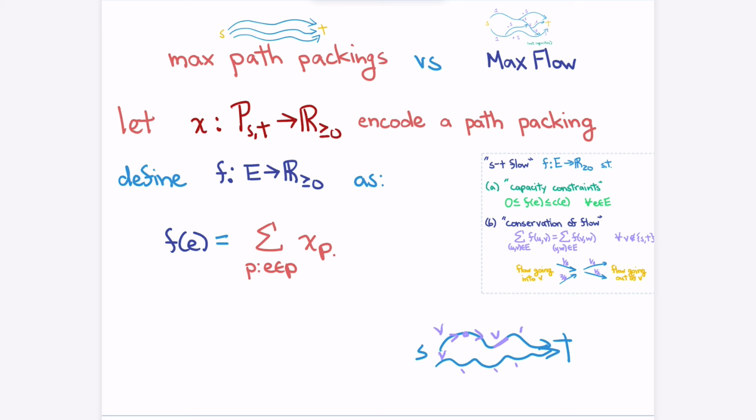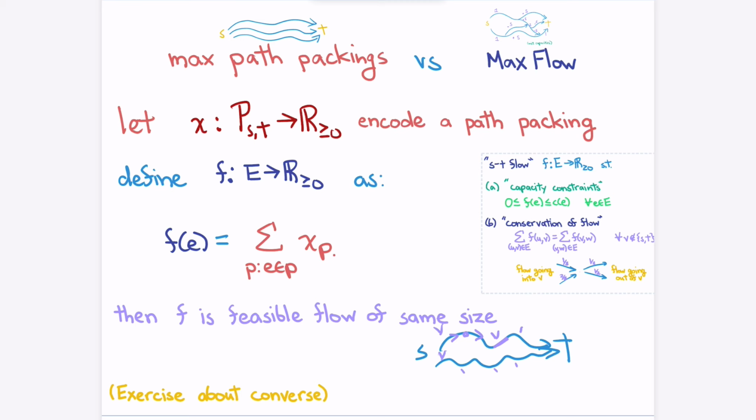And you're going to satisfy conservation of flow at the non-terminals because the paths can't end at a non-terminal. It has to go in and out. And you're going to satisfy the capacity constraints because the paths do. You get that for free. Okay. So that will give you a feasible flow of the same size.